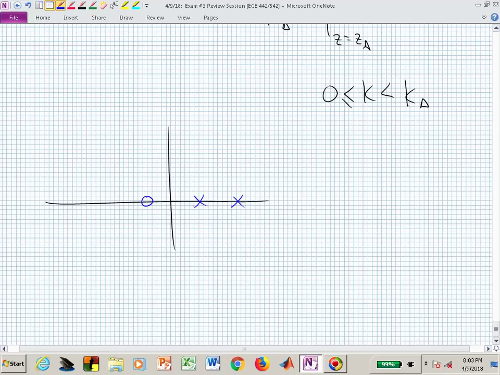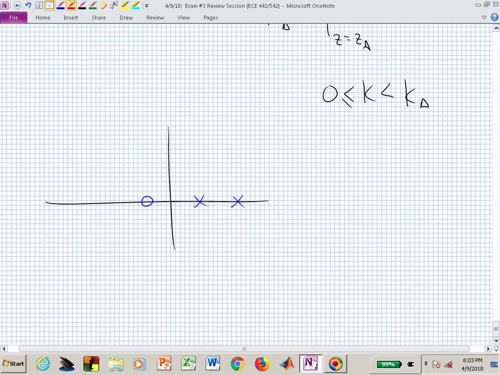Let's keep going. How do we sketch this? First, we need to identify the line segments that belong to the root locus. How many branches of the root locus do we have?